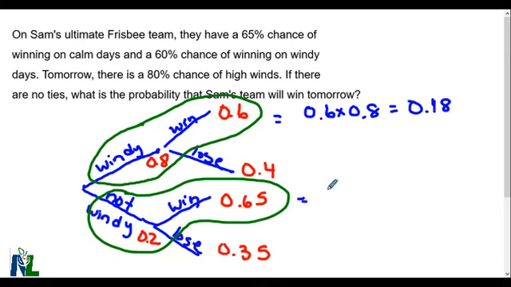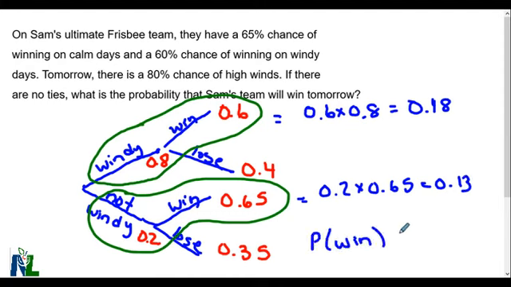I need to multiply 0.2 by 0.65. Now I need to add them together because Sam is either going to win when it's windy or he's going to win when it's calm. So I need to add those two together, which gives me a total of 61%.